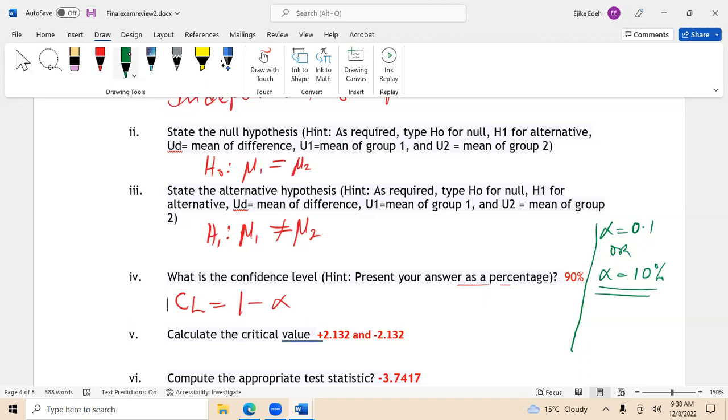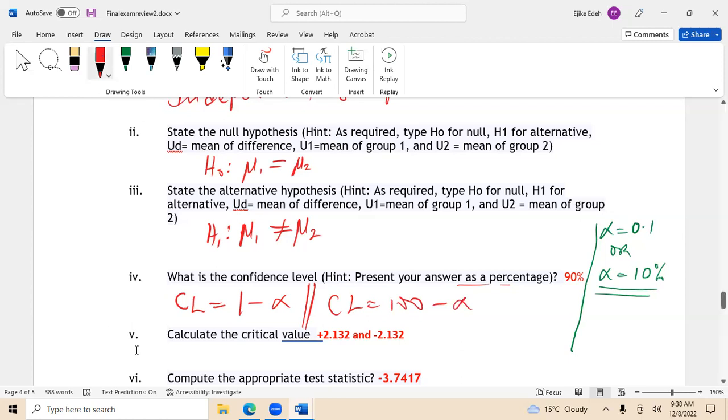I think we have a little thing about that on the quiz. But I was lenient in grading that. So pay attention to it this time. So if I have alpha given as a number, then I'm using this formula, right? But if I have alpha given as a percentage, then I'm using that confidence level is 100 minus alpha, right? So that both of them get you to the same place.